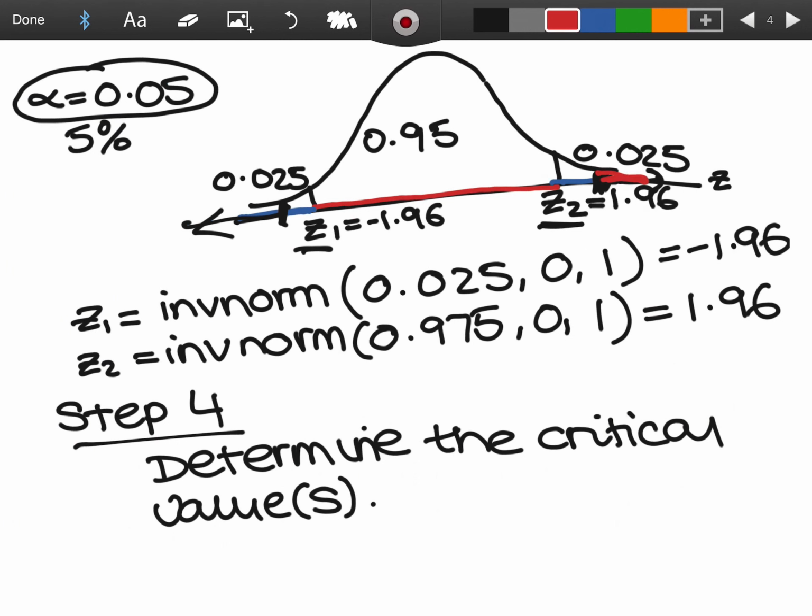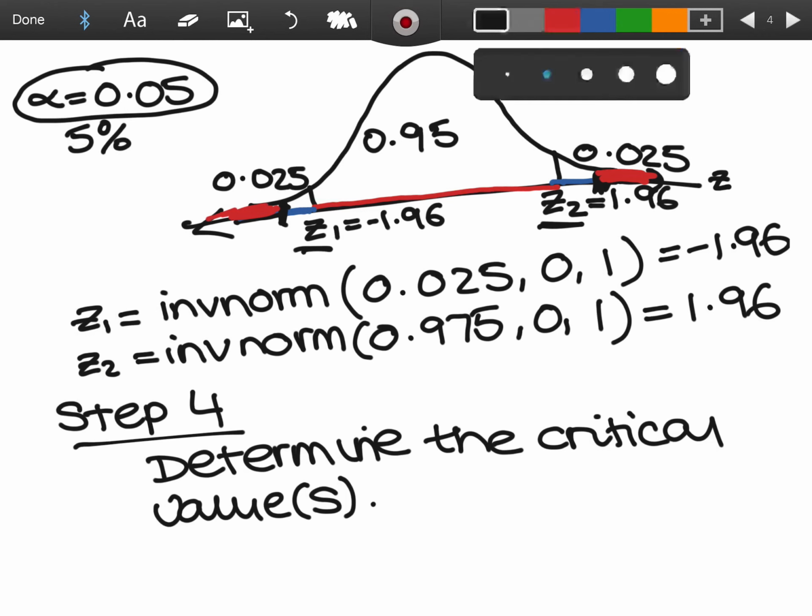That area is less than the area under the curve to the right and the left of each of my critical values. So my p-value is less than alpha, my significance level, because alpha is the area under the curve, in this case to both the left and the right added together.